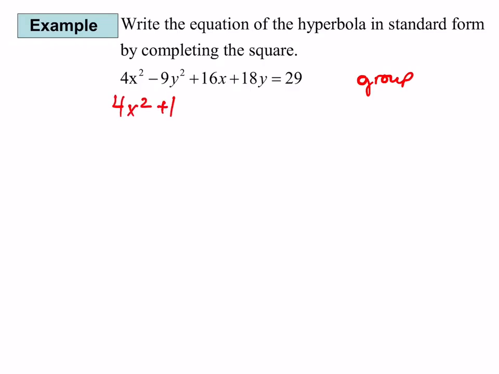So we want 4x squared plus 16x minus 9y squared plus 18y equals 29. Then we're going to factor out the leading coefficients.